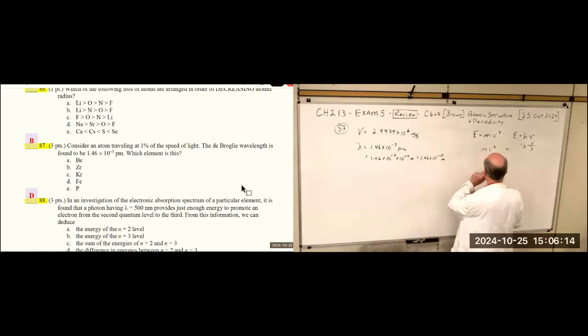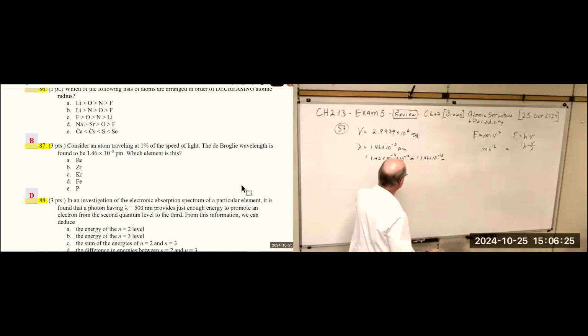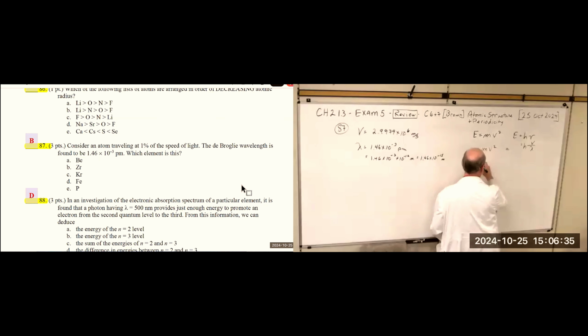Let's see. You know what? I don't want to solve for wavelength. I want to solve for mass, because this is the de Broglie wavelength for one atom. If I know the mass of that atom, then I can calculate the molar mass. So let's solve for mass.